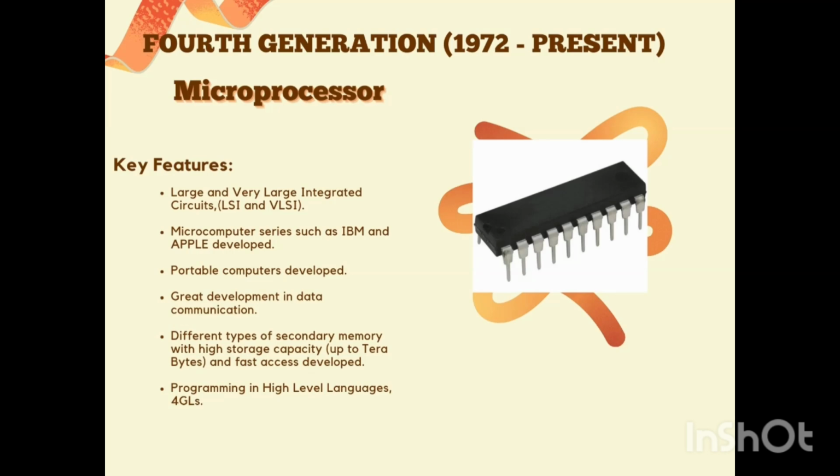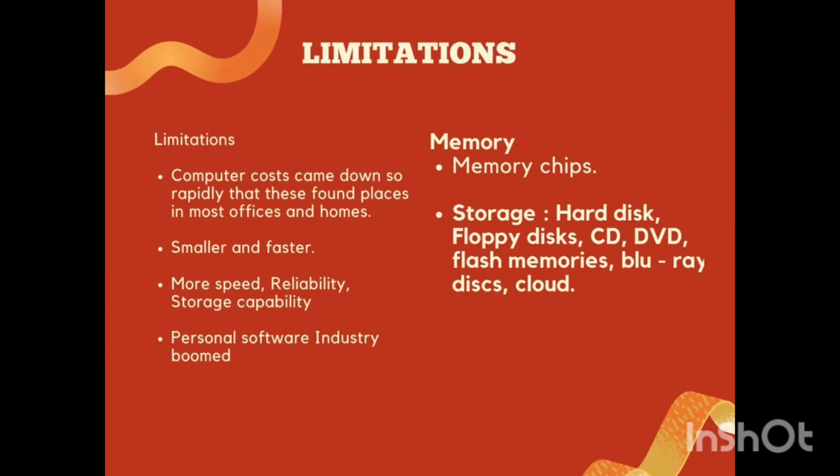Now, what are the limitations of fourth generation computers? Computer costs came down so rapidly that they found places in most offices and homes. Smaller and faster, with more speed, reliability and storage capability, the personal software industry boomed.